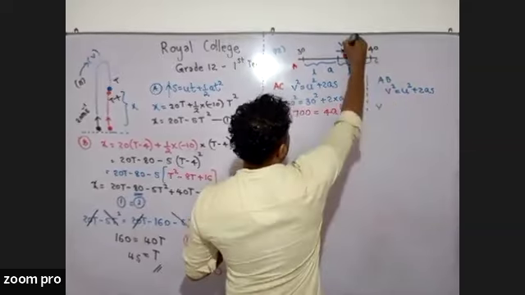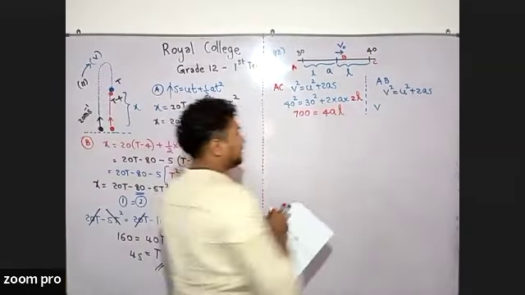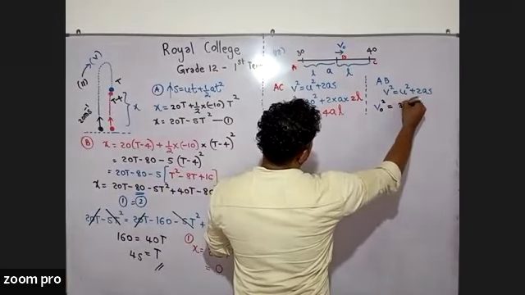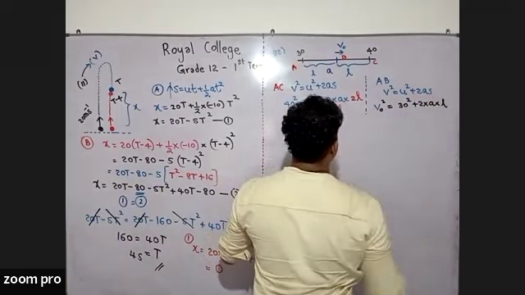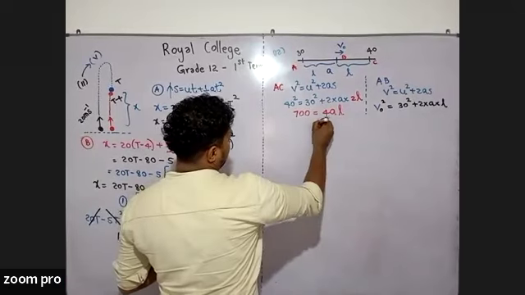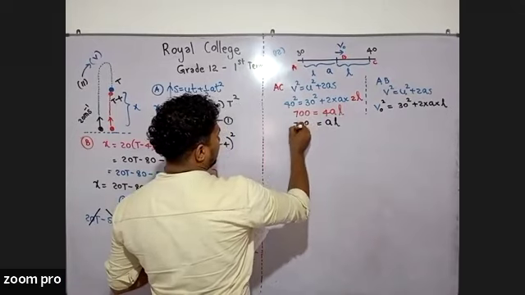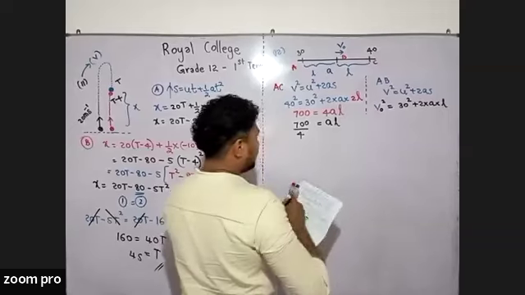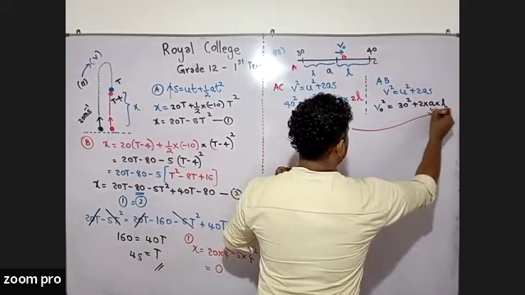Let's assume the velocity at the midpoint is V naught, then V naught squared equal 30 squared plus 2AL. Right. So by the previous equation, we can obtain that AL equal to 700 over 4. So we can substitute this into this expression.